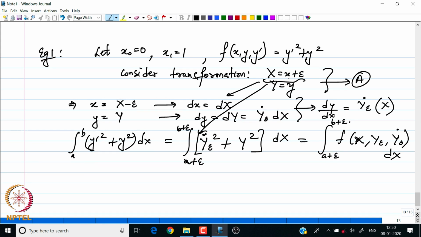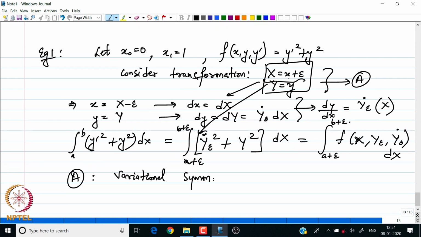What I have shown here is that for this translational transformation, the integrand of this functional is variationally invariant, or has the same form to begin with. Which means that the transformation A is my variational symmetry in this case. So that is the transformation I am after.